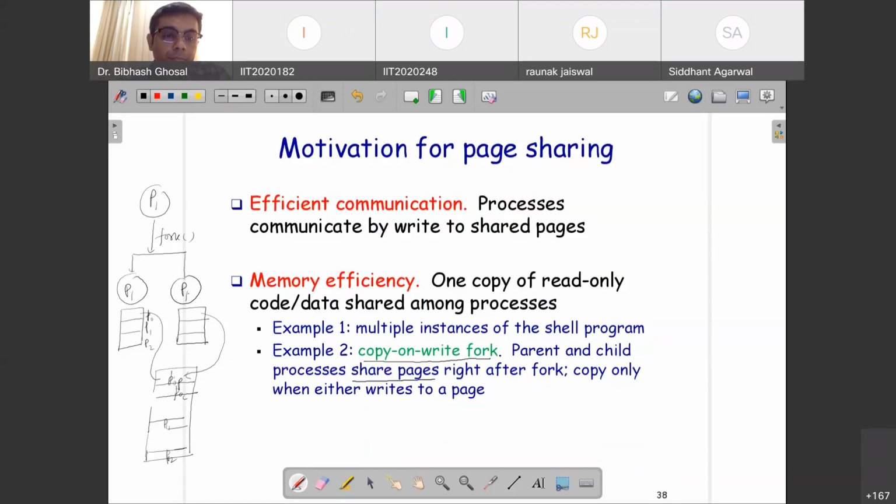Then the parent makes changes here and the child makes changes to this. So as long as they don't perform a write operation, you don't need 2 separate copies. Keep a separate copy of only that page, if both processes are making changes differently to that particular page.